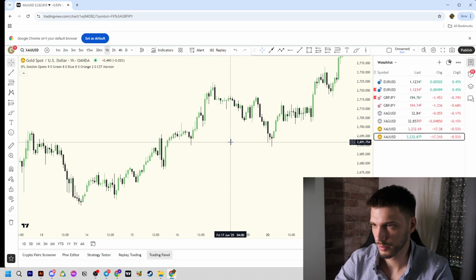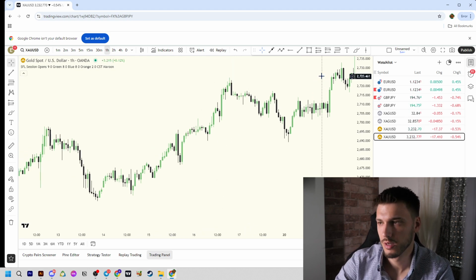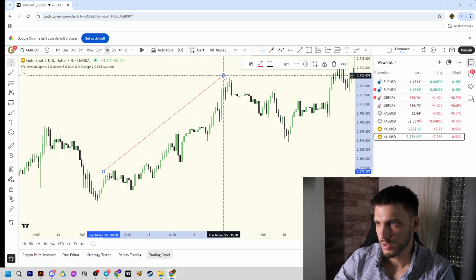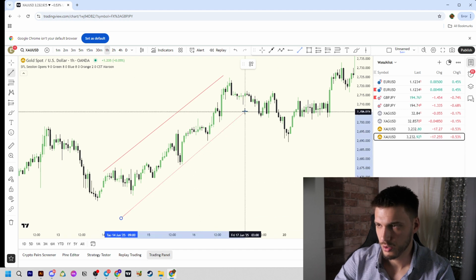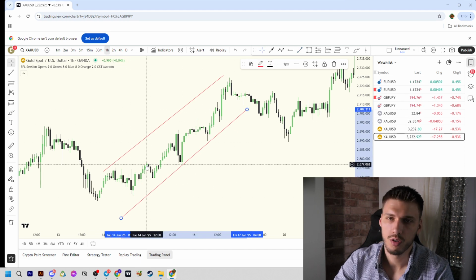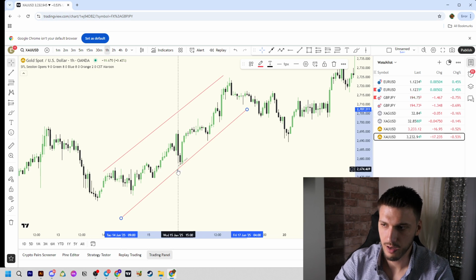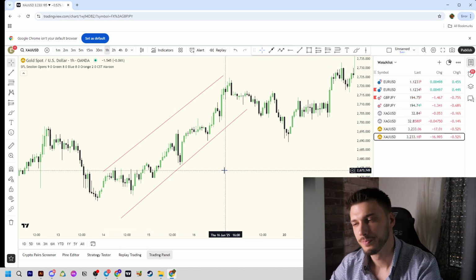We have a clear example here. I can take an example of this. This right here is clearly an uptrend. As you can see, the move up was always larger than the move down. That's why it made an uptrend.